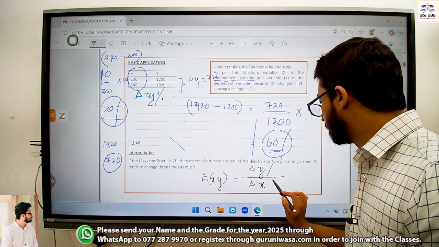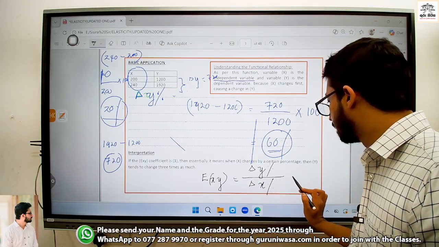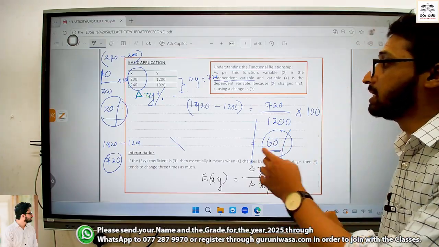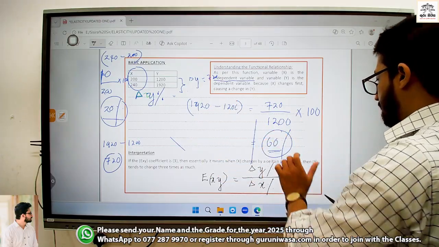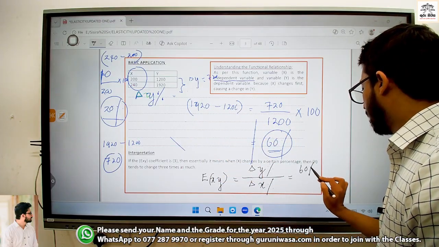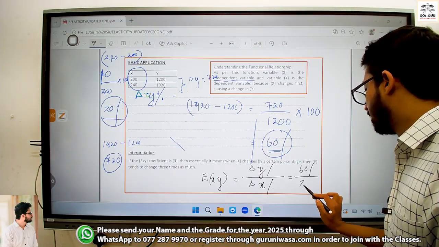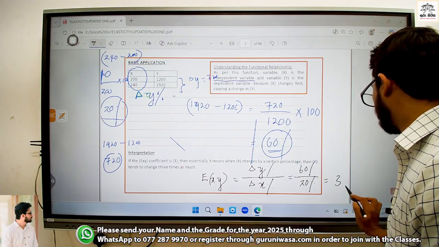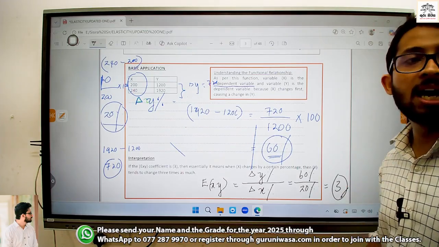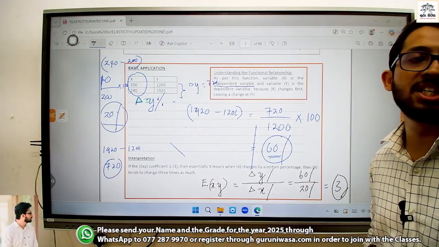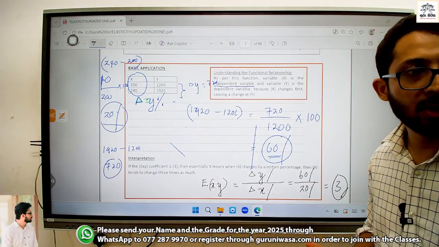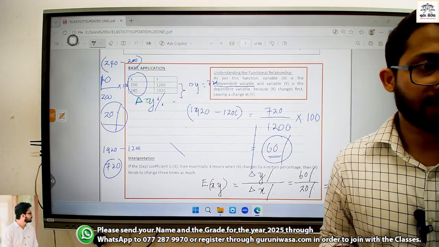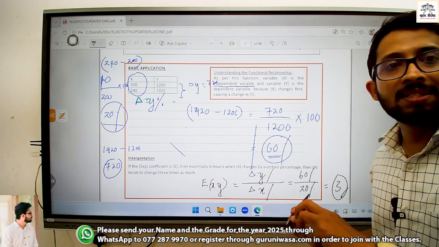So percentage change in y, 60%, divided by percentage change in x, 20%. And the answer is 3. This is called the elasticity value between these two variables, x and y. Just remember the answer is 3.